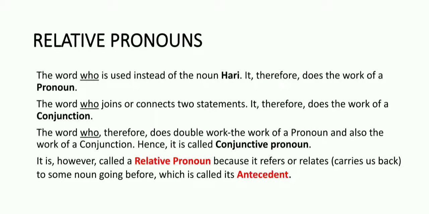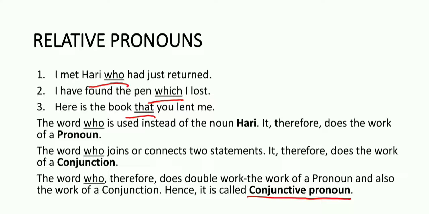Now here in the previous sentences, who is referring to Harry. Harry is the antecedent of who, and which is used in the place of pen, and pen is the antecedent of which. Same is the case with that. The antecedent of that is book.